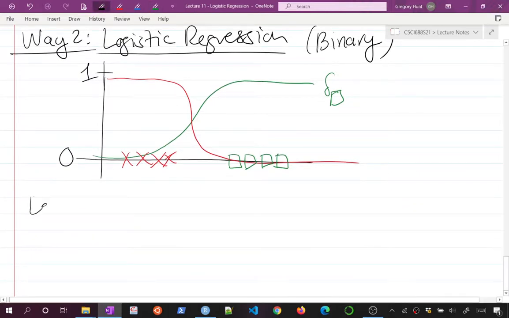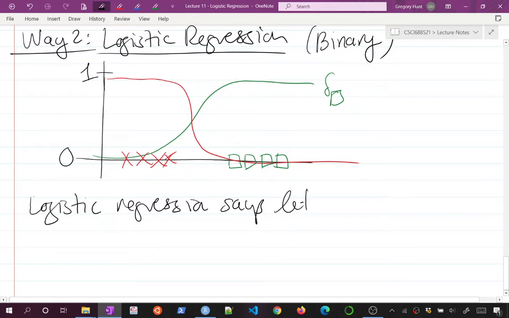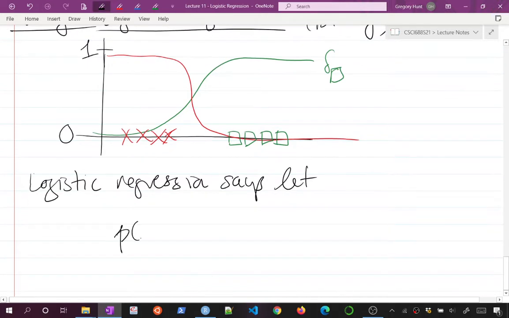So logistic regression says let P of X, that I'm modeling, be an S-shaped curve like this. And the particular S-shaped curve is a logistic curve.